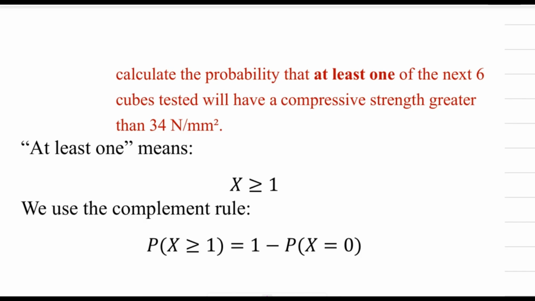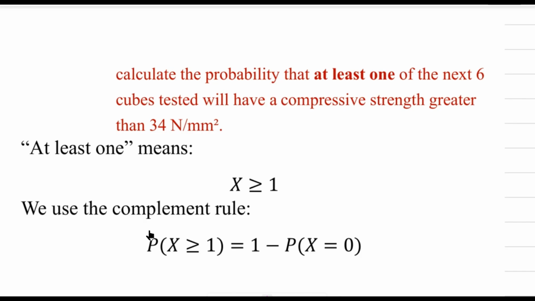But there is another way. Instead of going to the probability of each one above 34 megapascal for the 6 trials, we can calculate for zero successes, which means nothing will go above 34 megapascal.